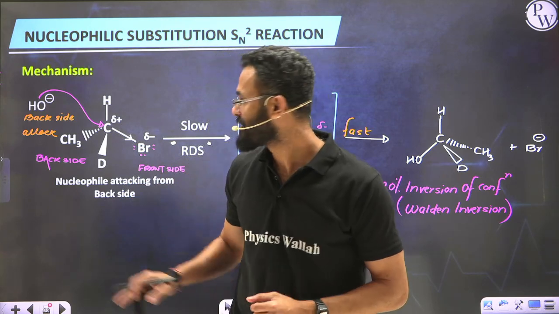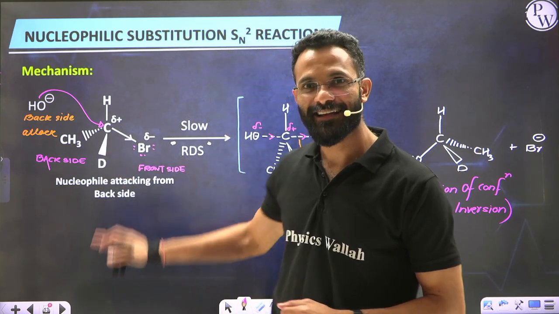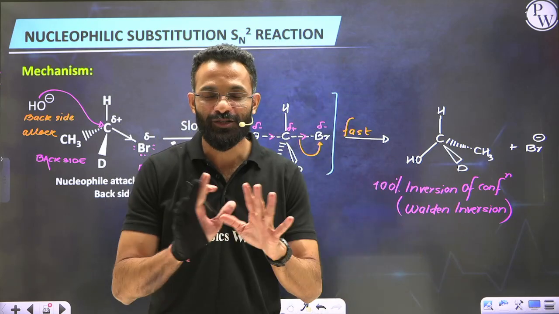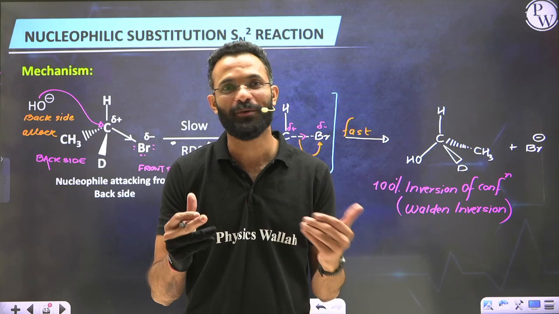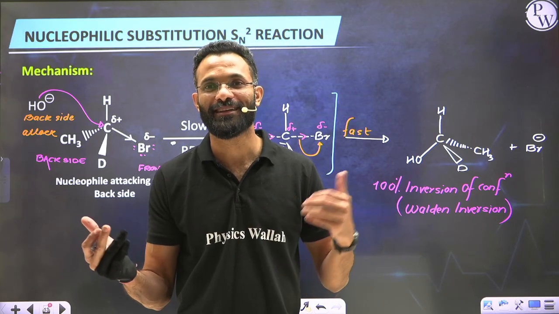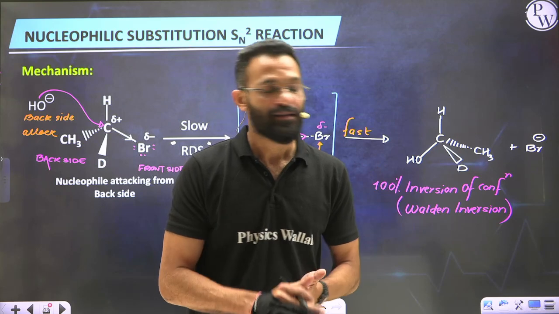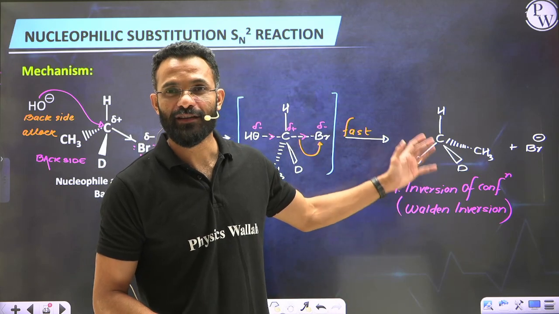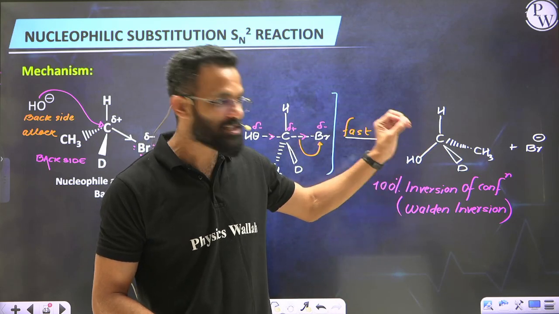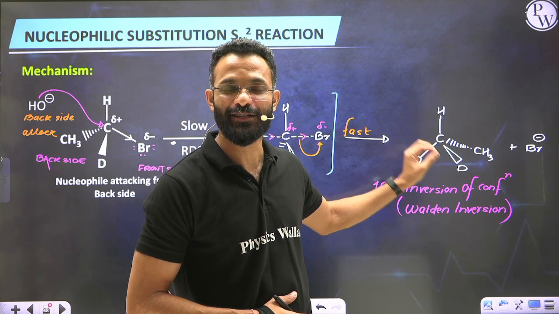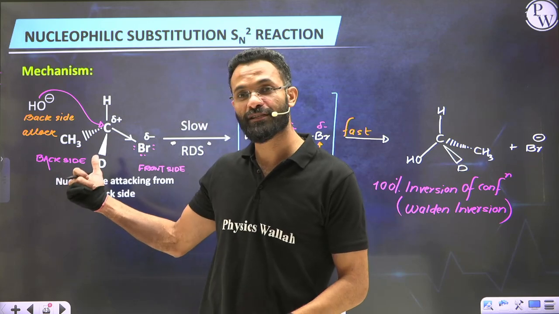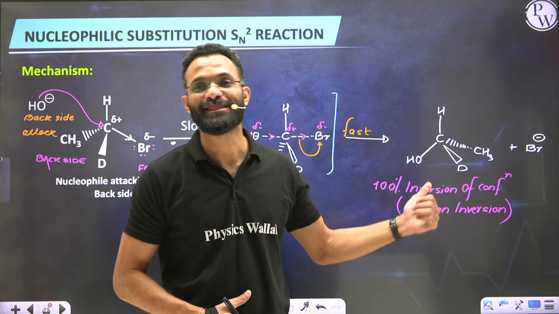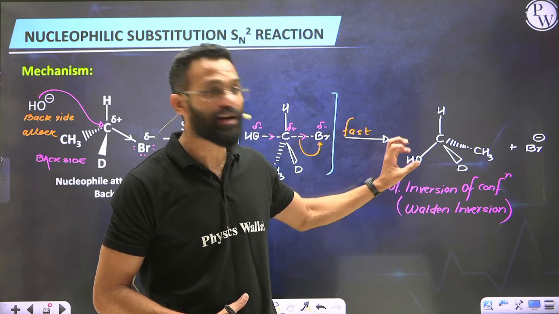And let me tell you, this is an alkyl halide and this is an alcohol. These two are not at all the same compound. If they are not the same compound, how can I say one is dextro, the other is levo? Whether dextro or levo, you will have to find out experimentally. Just because this is dextro, you cannot say this is levo because this is a new compound altogether.